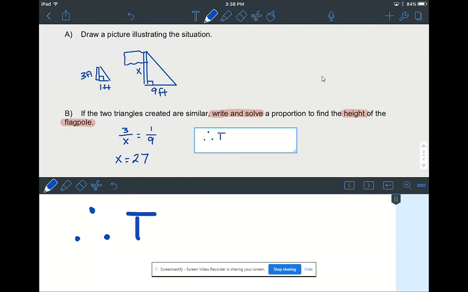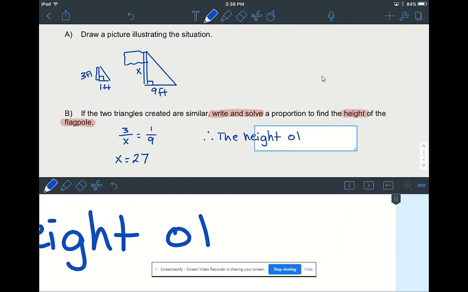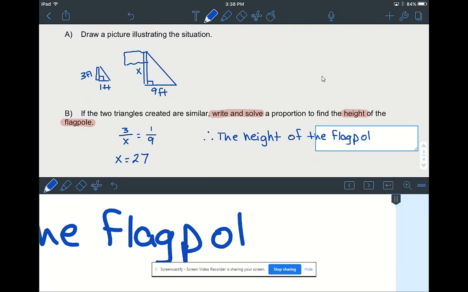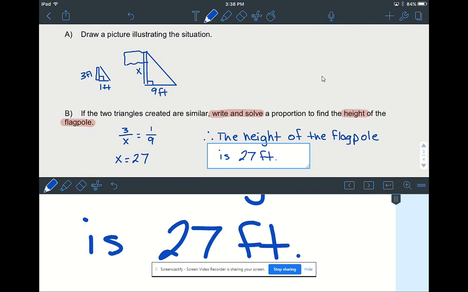So therefore, the height of the flagpole is 27 feet. Period.